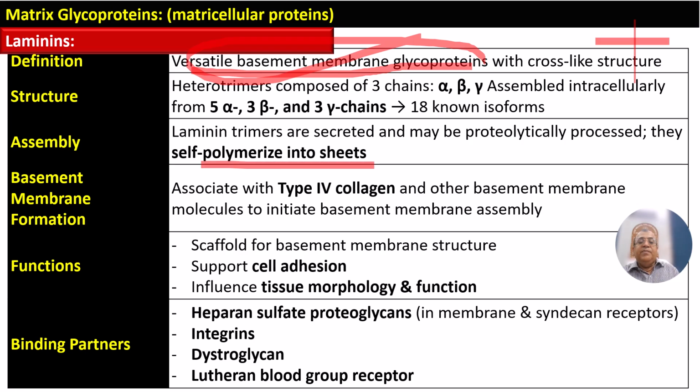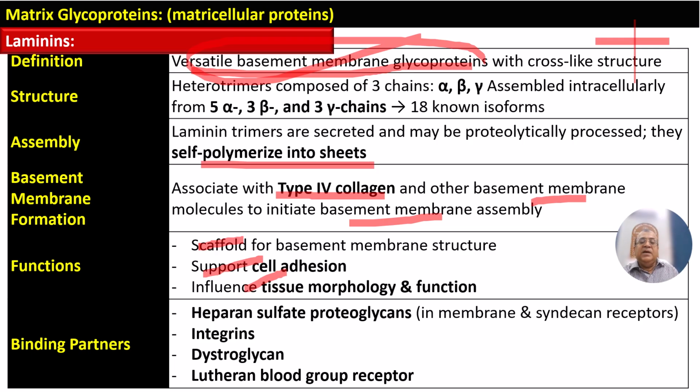Laminin associates with type 4 collagen and other basement membrane molecules to initiate basement membrane assembly. They provide a scaffold for basement membrane structure, support cell adhesion, and influence tissue morphology and function.